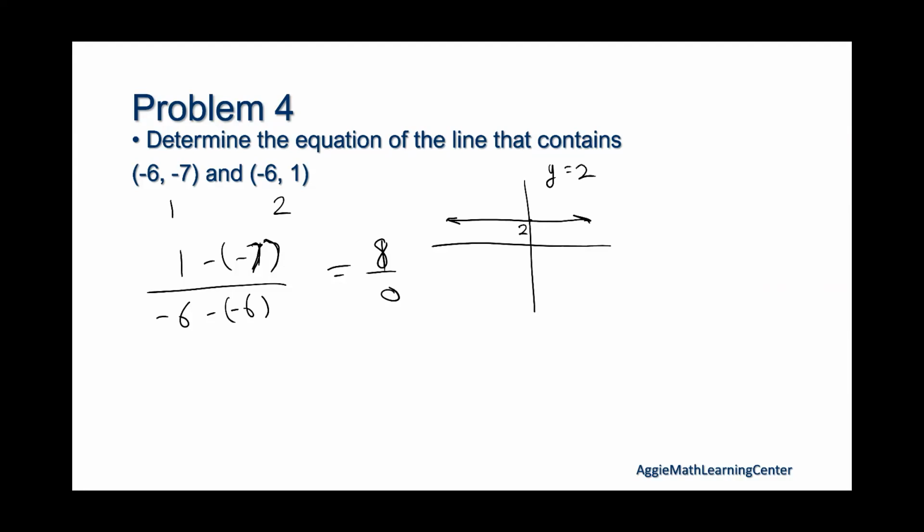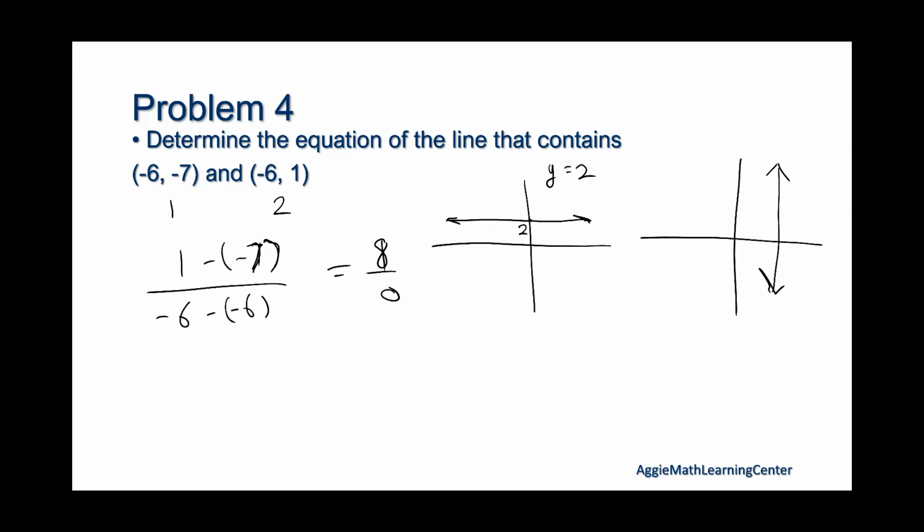This line would have an equation of y equals 2. The other odd case is a completely vertical line. In these cases, the slope is undefined. We can't divide by 0, and that's what we'd have to do because the x values aren't changing on a vertical line.